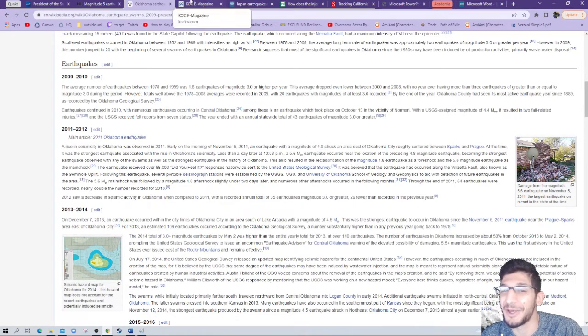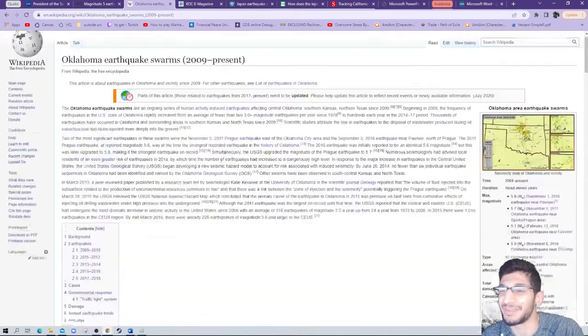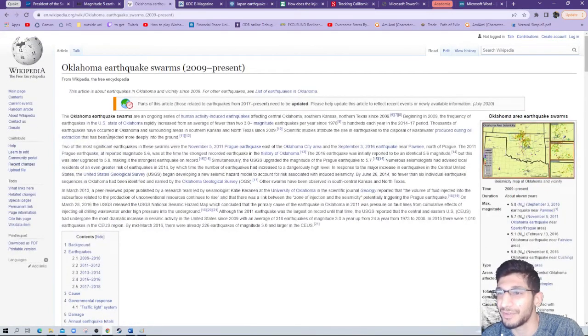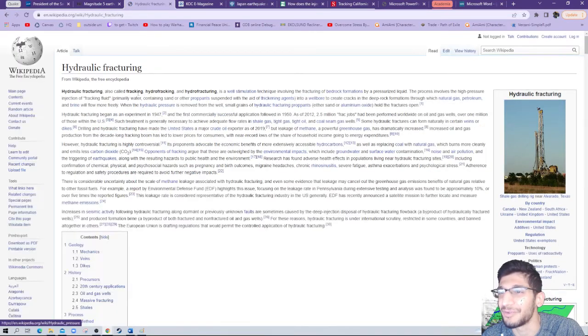So, not very different from Kuwait, and it's all caused by, I believe they talk about, yes, disposal of wastewater produced during oil extraction that has been injected more deeply into the ground. So it's not the extraction, it is the disposal. It is very critical. And what does it say here? Hydraulic fracturing. Oh, they're talking about hydraulic fracturing.